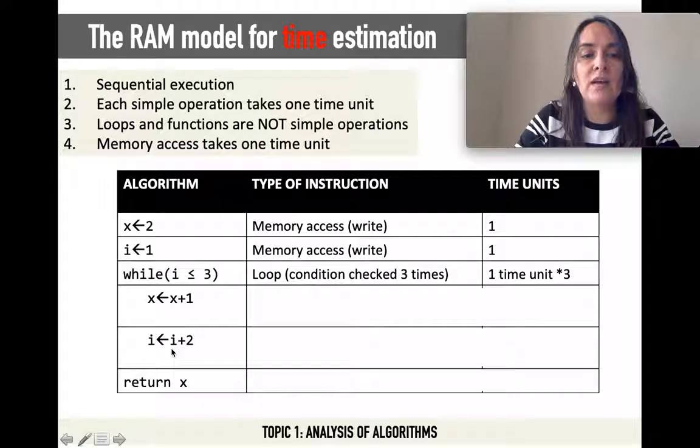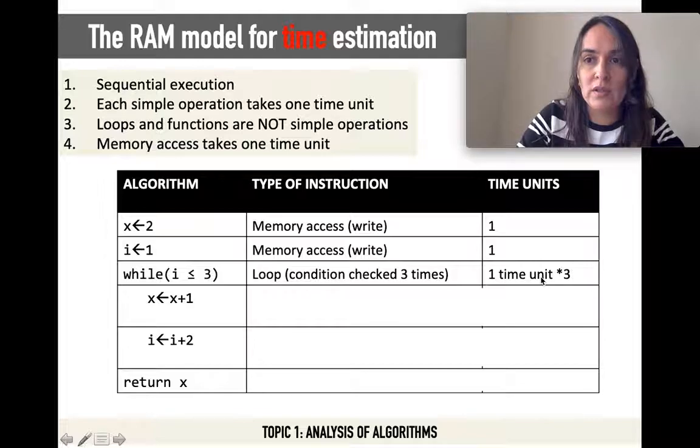Now i takes the value 5. We go back and we check whether 5 is lower than or equal to 3. Third checking. So we are checking this condition 3 times. Because checking a condition takes just one time unit according to the model, because the if is a single operation, we are counting one time unit 3 times.